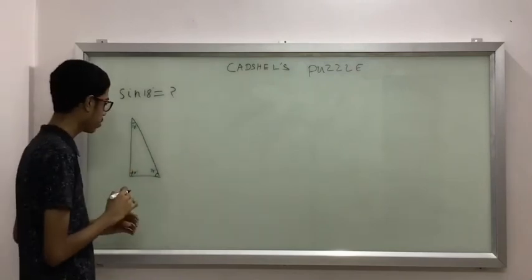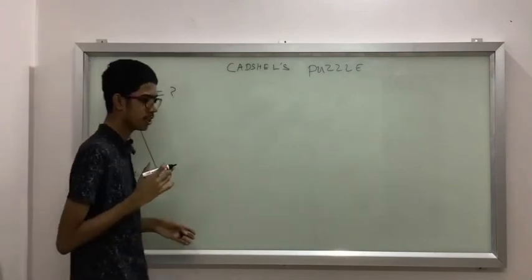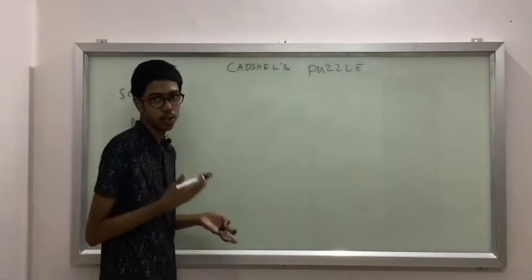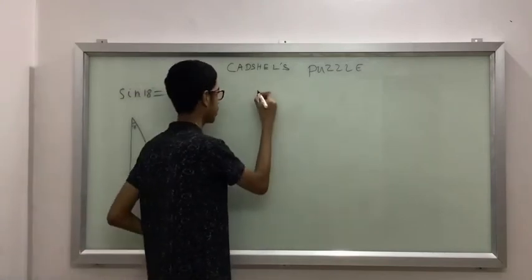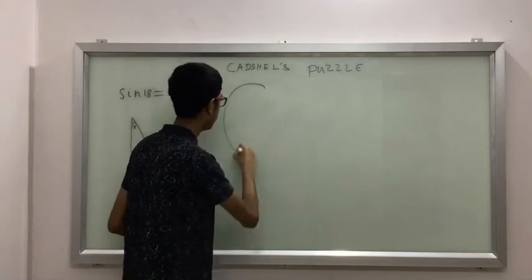Okay. So what I'm going to do is, like in my sine 32.5 video, like how did I find, that only I'm going to do. First I will draw one circle.